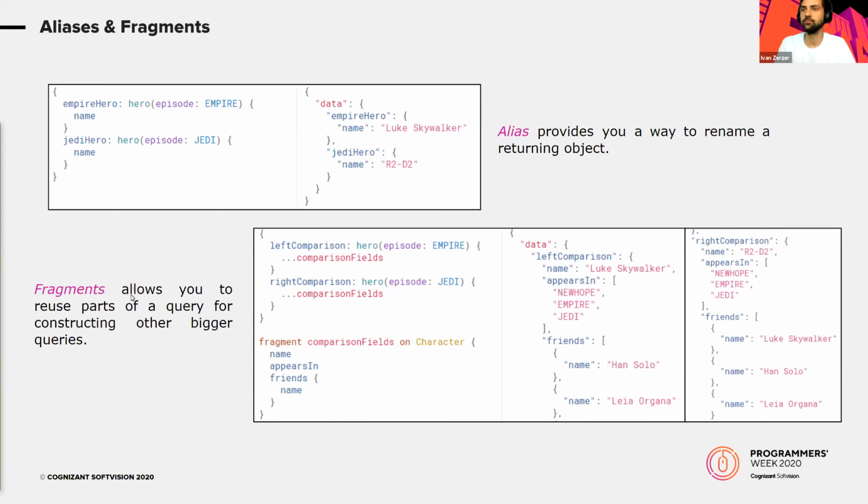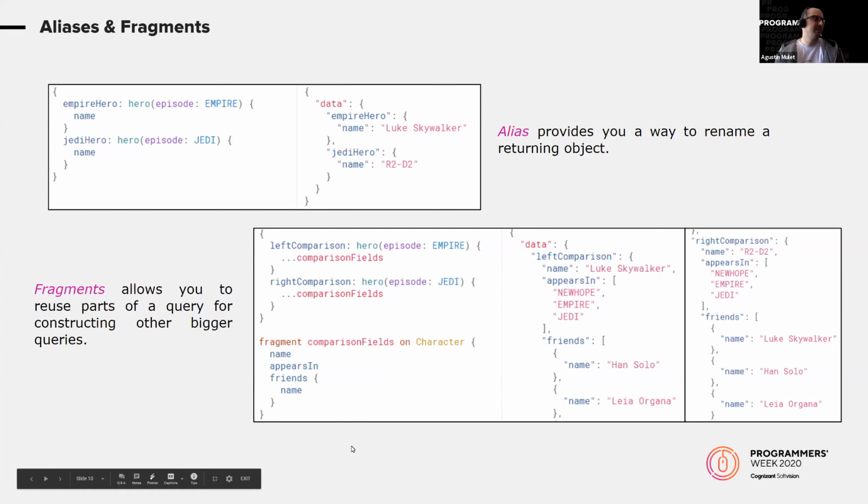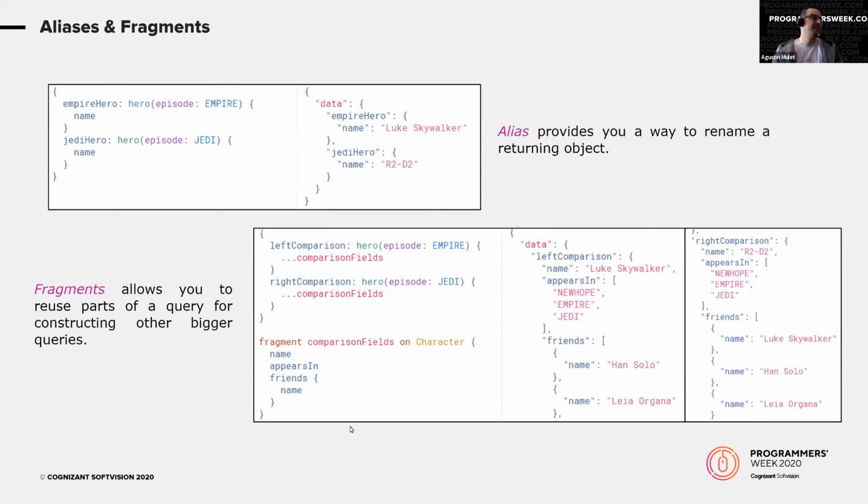Yeah, so sorry, go ahead. If we need to query some parts that we're going to be querying often, we can predefine a fragment, and we can use it there with the 3 dots, kind of like a spread operator, that shows what things are going to be queried from, for example, these heroes.